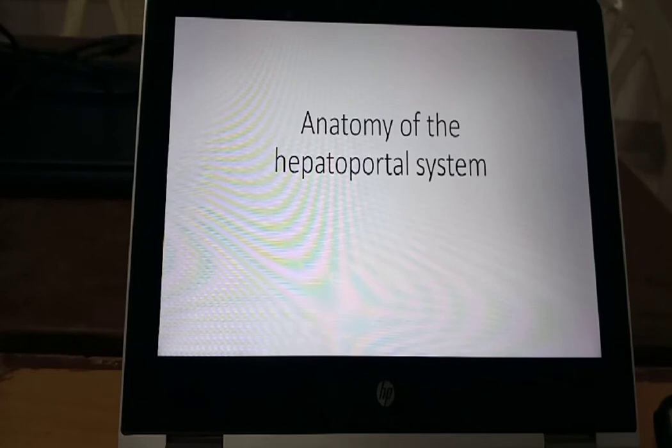Those substances that are poisonous to the body will be destroyed by the liver. Those substances that are necessary for the body will also be broken up into smaller fragments that can be used by the cells.